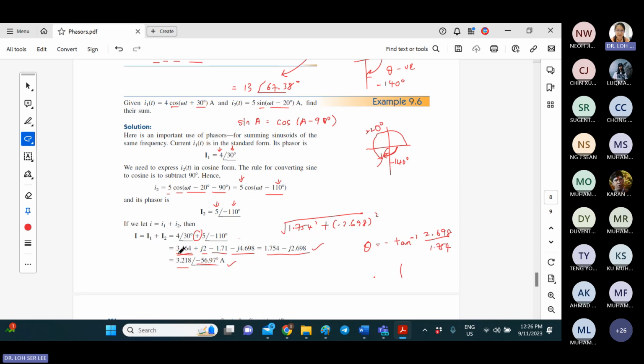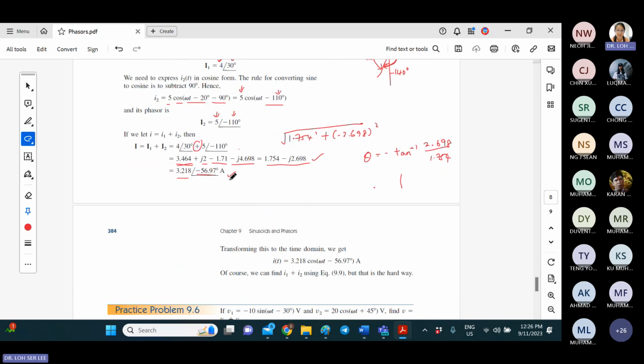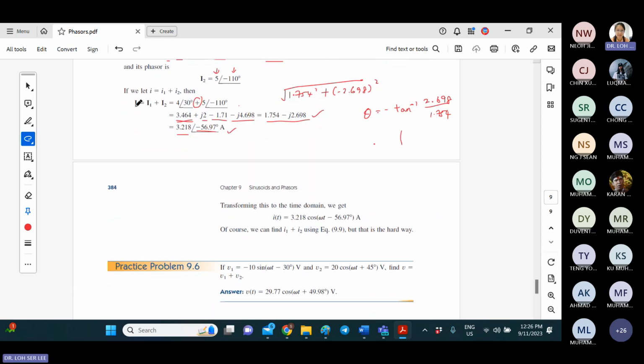So this is in phasor form, but we want in time domain. So your final answer will be lowercase i, this is your Im, cos wt, this is your phi.